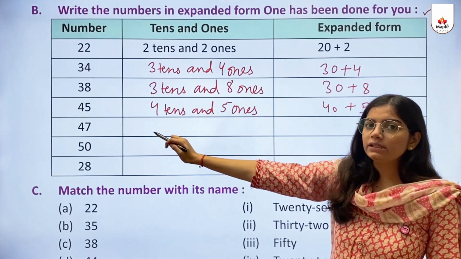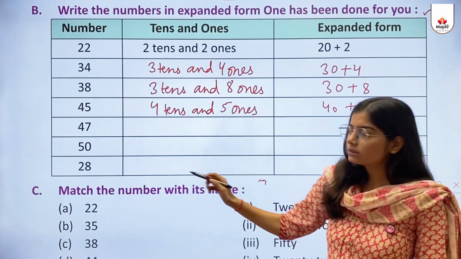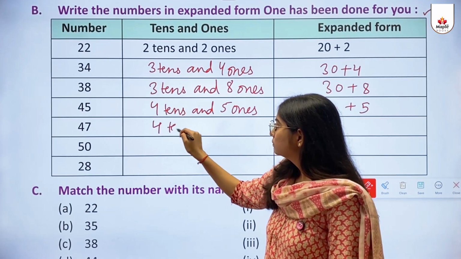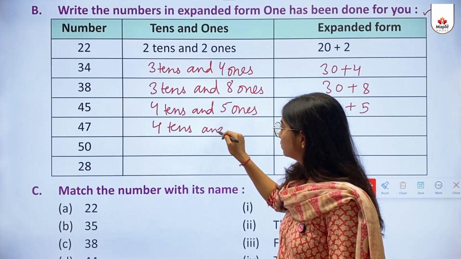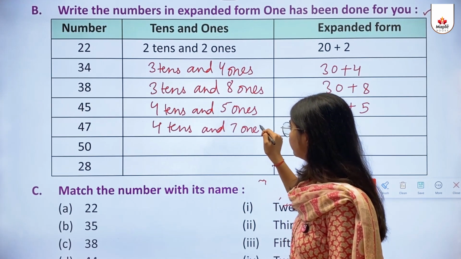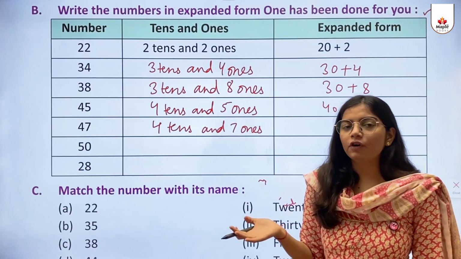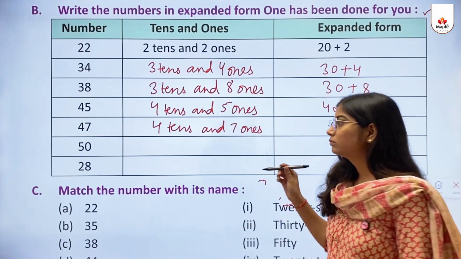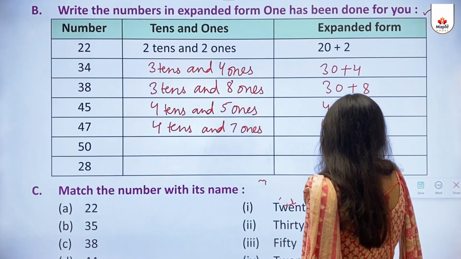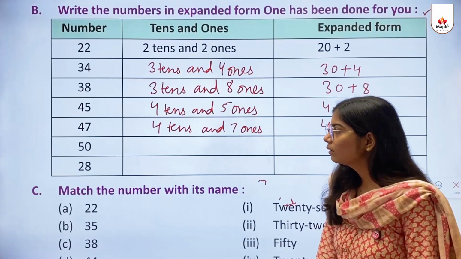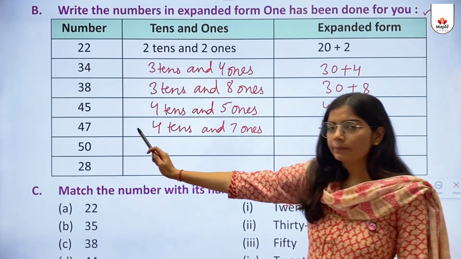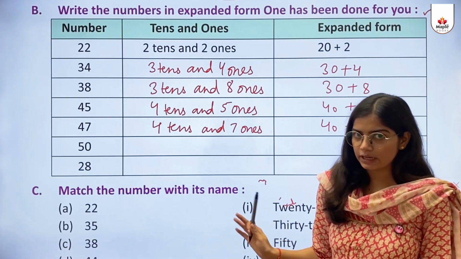47 means 4 tens and 7 ones. The expanded form is 40 plus 7. Then 50 means 5 tens, no ones.